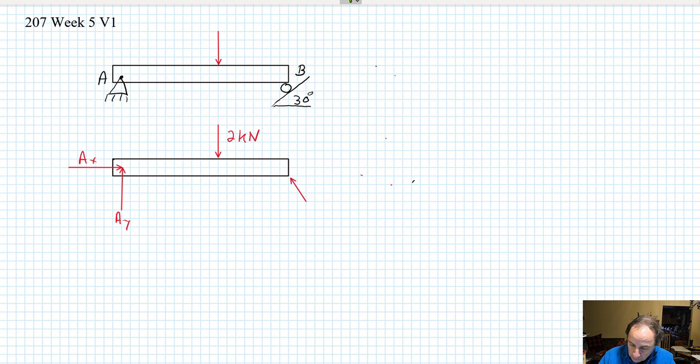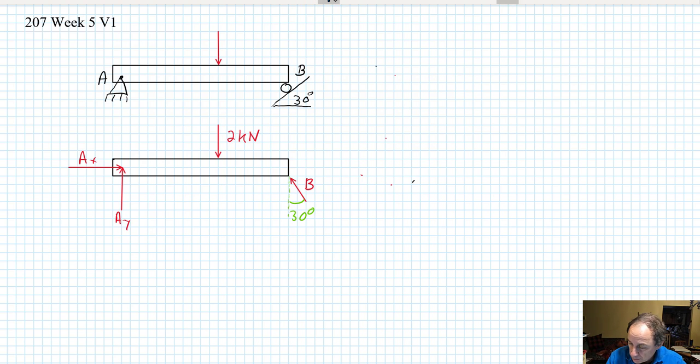Here, this is 30 degrees. This is B. So this is the force exerted by the roller on the beam. We have a simple pin support. So the pin support does not stop rotation, but it stops translation in the X and Y directions.